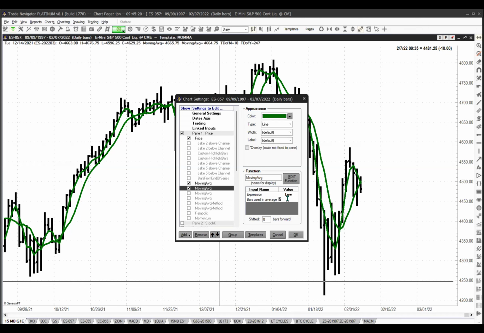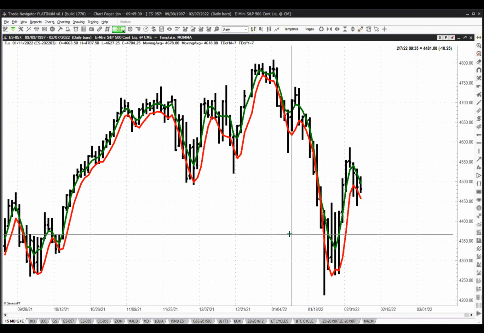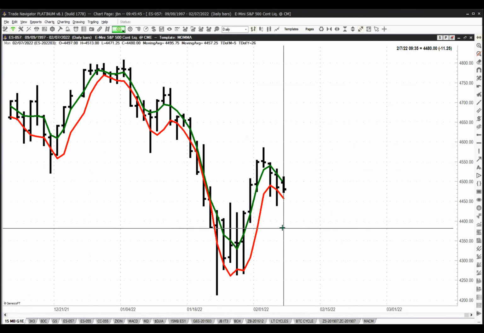I'm going to make the low 3 red. And here we go. So let me make sure the numbers are correct.